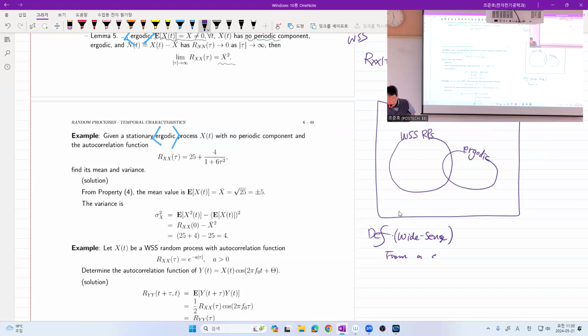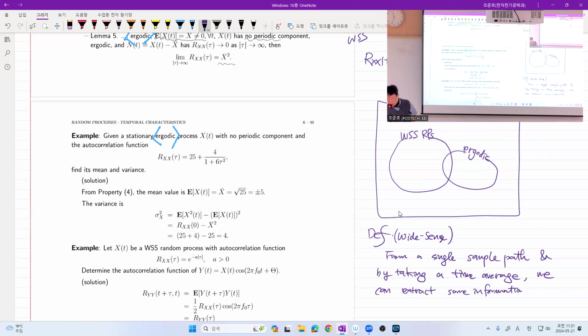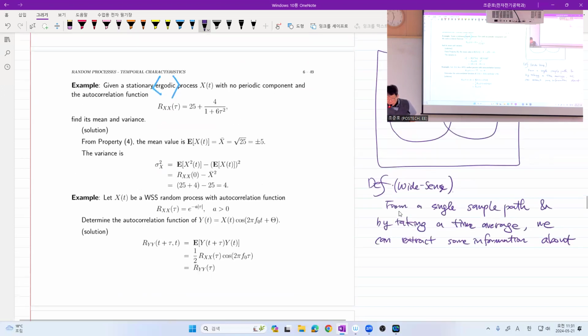From a single sample path, by taking a time average, and we haven't specified what kind of time average we take, we can extract some information about the random process.